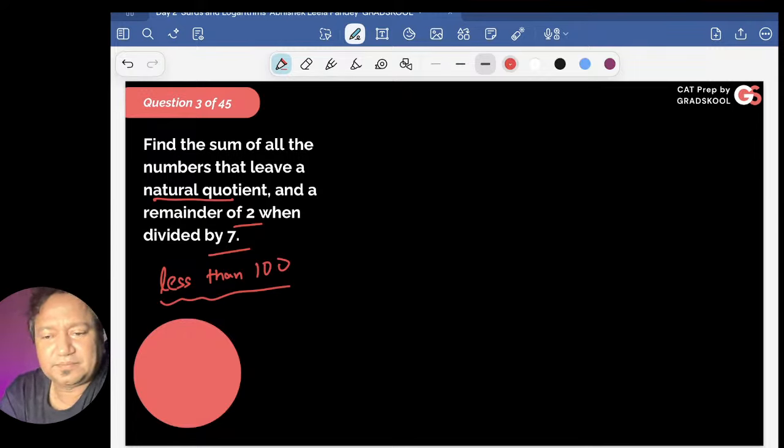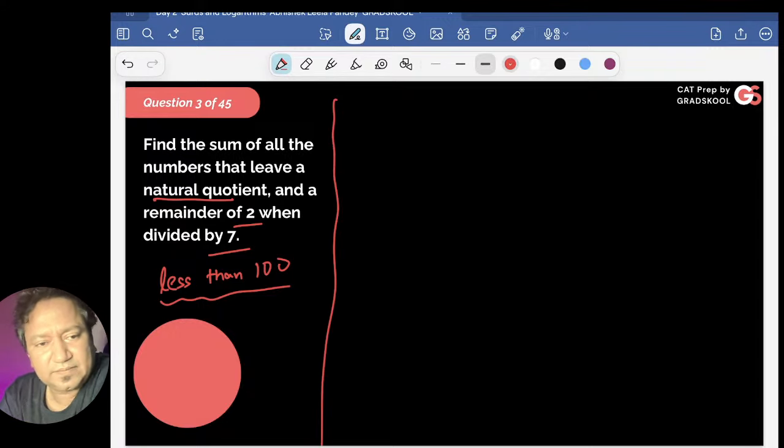Okay. Algebra is fun. Yes, Cristiano. So find sum of all the numbers less than 100 that leave a natural quotient and a remainder of 2 when divided by 7. So tell me, what will be the general form of those numbers? Who will tell me that? Yes, 7k plus 2.